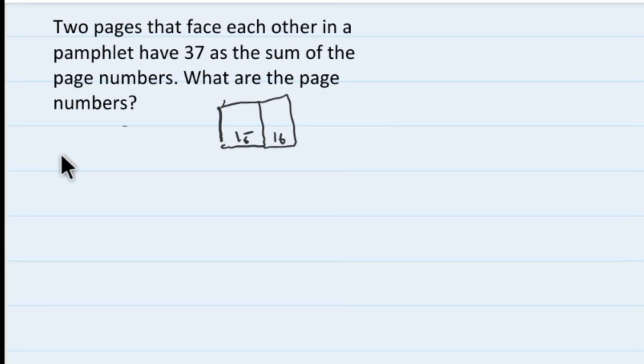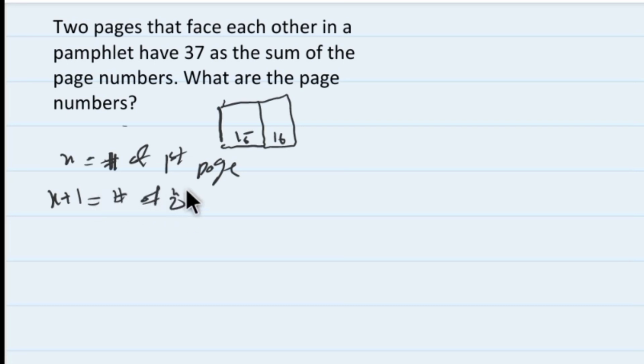Let x be the number of the first page. Then since the other integer is consecutive, we can write x plus 1 as the number of the second page.